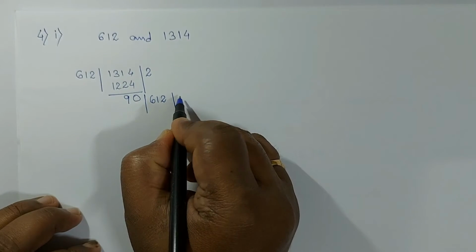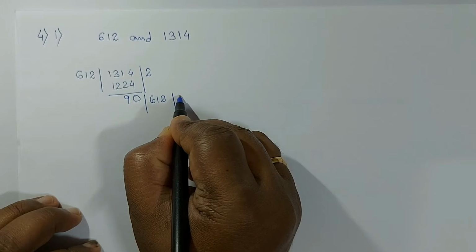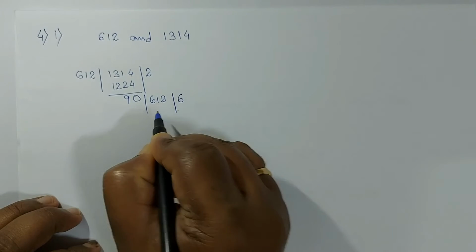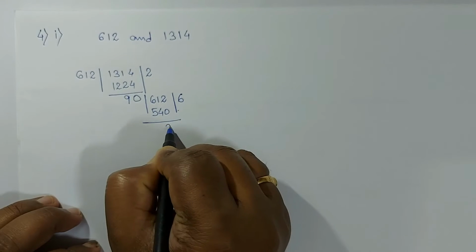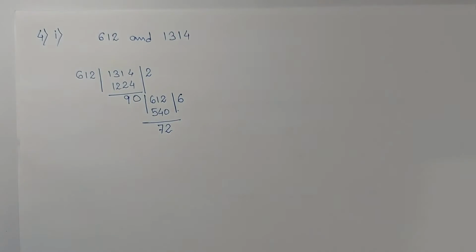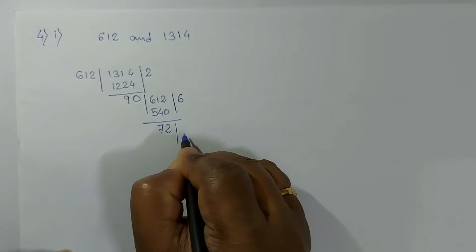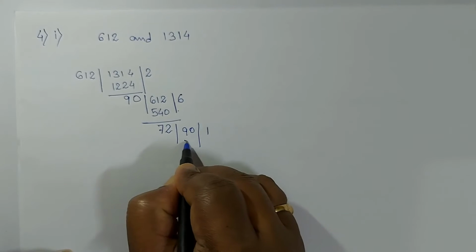If I divide, it will be 6 times, remainder 72, then again 1 time.